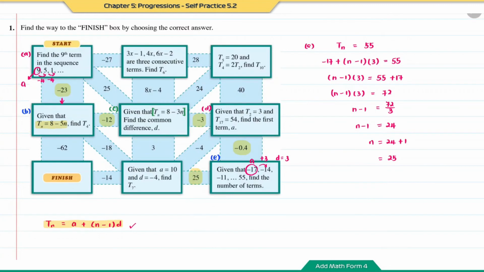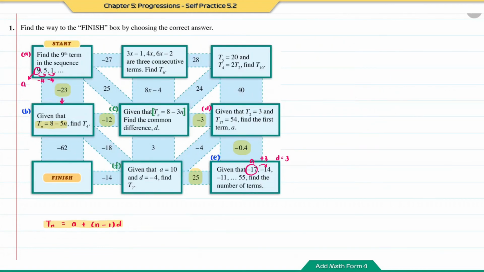Next, we move to this box, which I'm going to label as question F. Given that a equals 10, the first term, and d, the common difference, equals -4, find T7, the seventh term. This question F is rather straightforward.